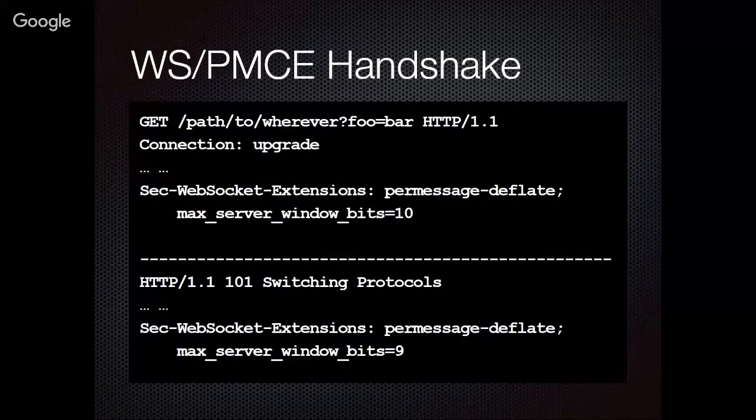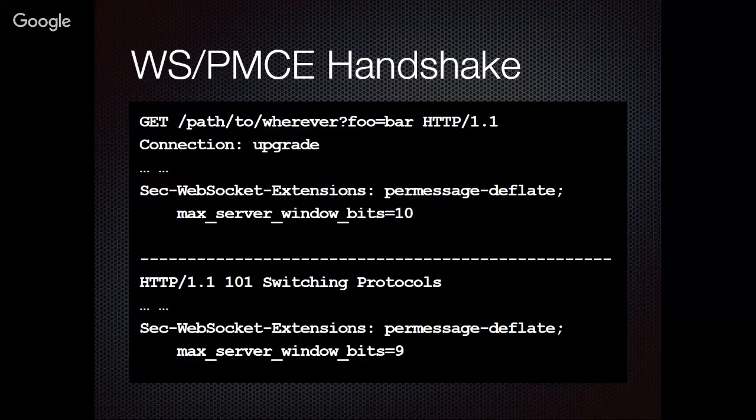So the handshake for per message deflate. I showed you a small example of that earlier. Here it is again, but this has one of those parameters for per message deflate. This is just negotiating the maximum size of the server's sliding window. What's going on here is the client is saying, Mr. Server, I don't want you to send me anything that requires a big window to decompress.